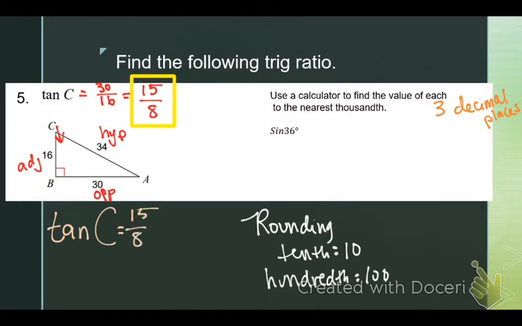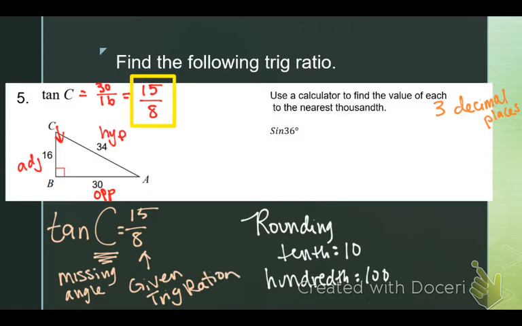I told you this is an equation that you could type in to solve for something. What is missing in this equation? C, angle C. So you're missing an angle, and you're given a trig ratio. Does everyone see what we're talking about? Trig ratio is a fraction using sine, cosine, and tangent. Are we all okay with this?